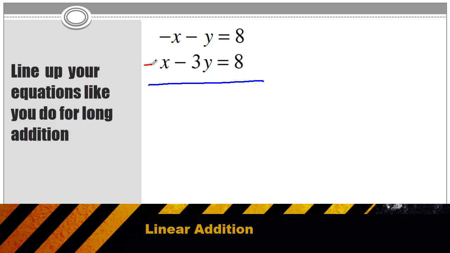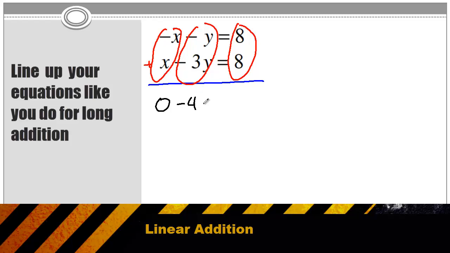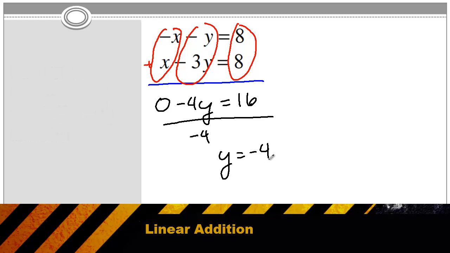So in this case, I can add a -x and an x, a -y and a -3y, and an 8 and an 8. -x plus x, well, that equals 0. -y minus 3y, it's -4y, and 8 plus 8 is 16. I can divide everything by -4, and I get y is equal to -4.